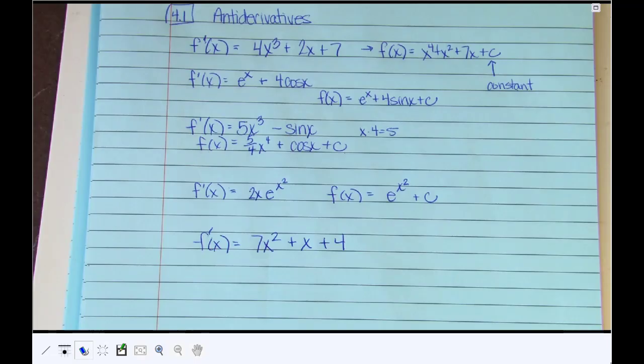Because it won't be like that on a test. It's going to be like, here's a graph. Here's some function that you can't reverse engineer. They're going to be like, here's f prime. There's no way you can go backwards. Realize that we're dealing in polynomials because they're easy.